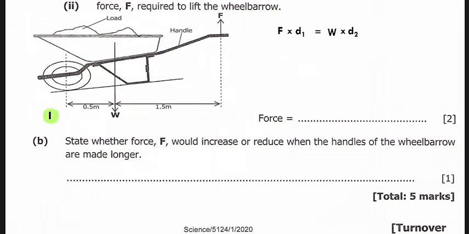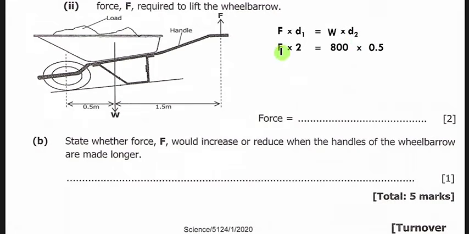So F times D1, which is this distance 1.5 plus 0.5, which will be 2, equals the weight, which we found to be 800 previously, times D2, from here to here, 0.5.